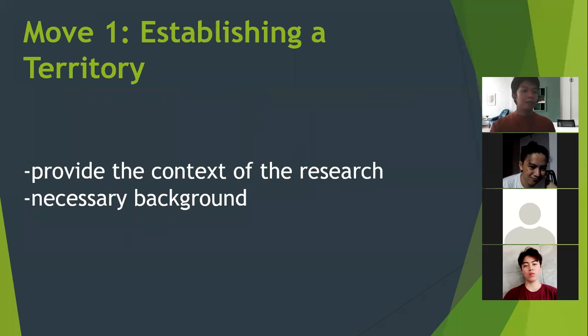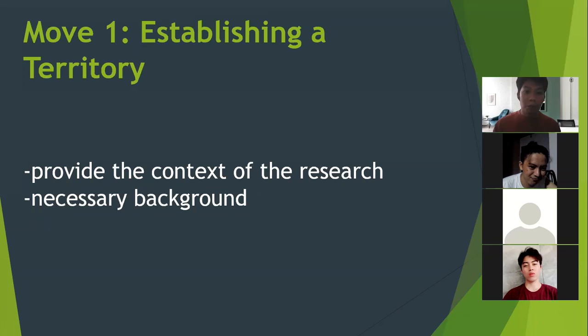First off, Move 1, establishing a territory. In establishing a territory, you need to provide the context of the research and the necessary background. You need to put your work into perspective by demonstrating that your general area of research is important, critical, interesting, and problematic.